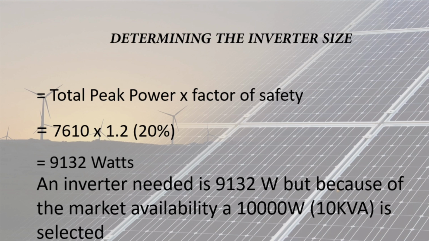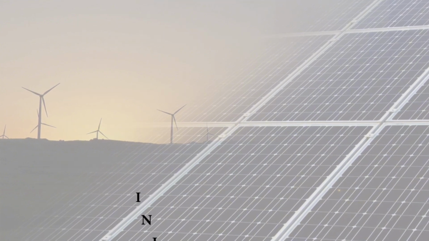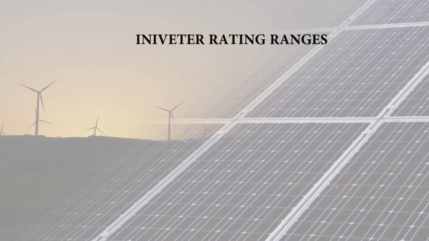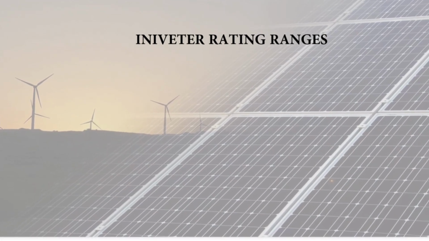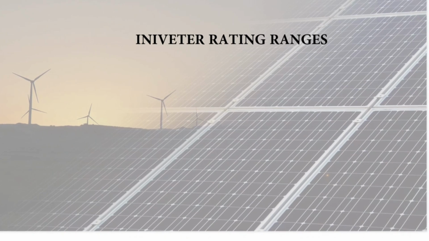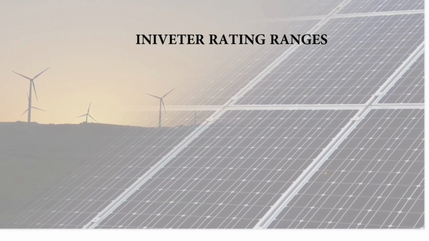After we have finished calculating our inverter size, just for context, we have what we call inverter rating ranges. Inverter rating ranges can be used in determining the battery bank size or the battery capacity to consider. So we have inverters that range from 1000 watts all the way up to infinity.